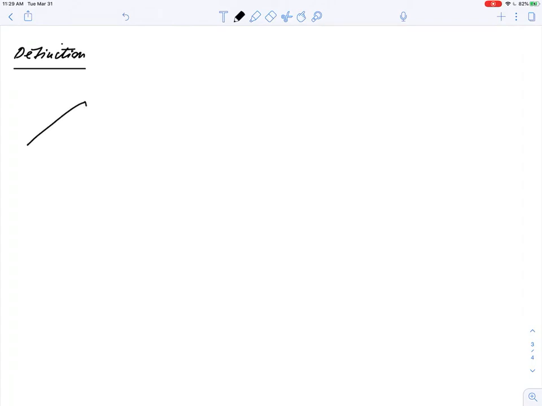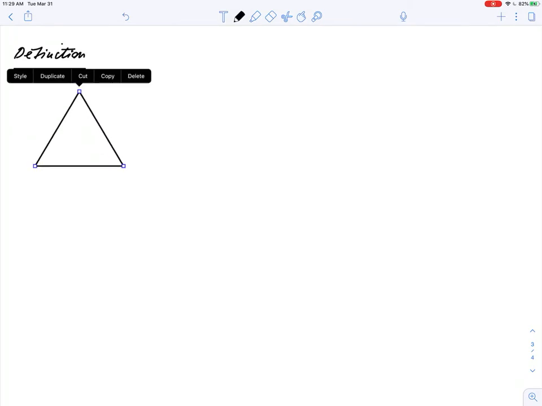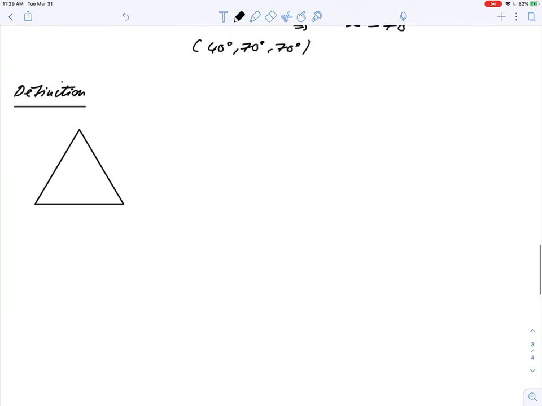If we take an isosceles triangle, or we attempt to, what is that? We take a triangle where all these sides are exactly the same.